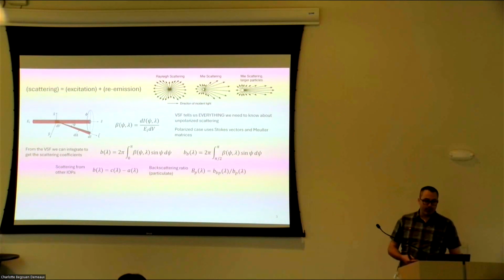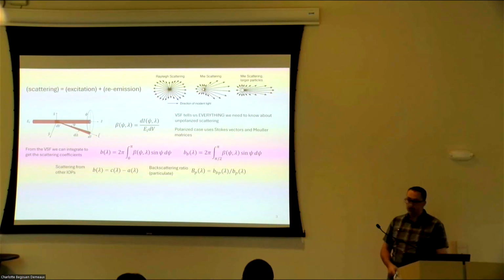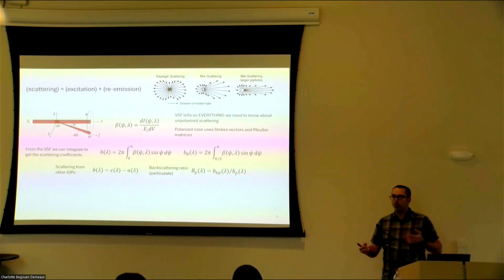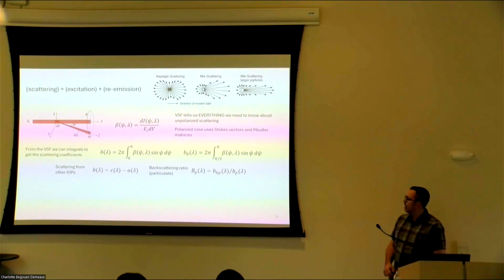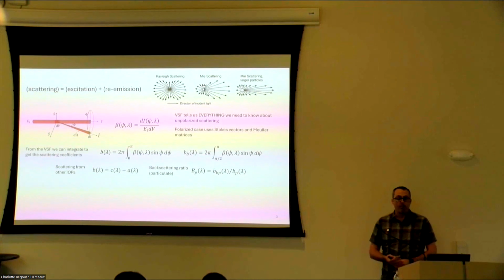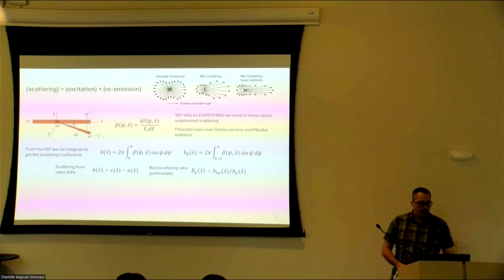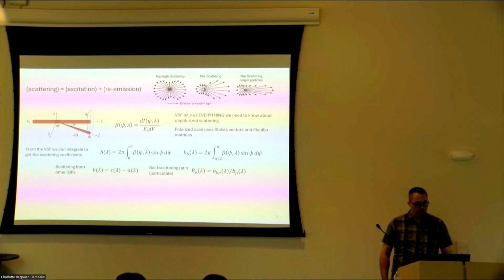It tells us everything that we need to know about unpolarized scattering in the ocean. And then we looked a little bit at the polarized case, where pretty much everything becomes vectors and matrices. From the VSF, we calculate the scattering coefficient. Backscattering is really important for remote sensing applications. And then we did some other IOP connections with scattering.